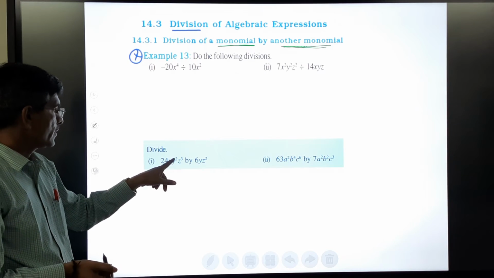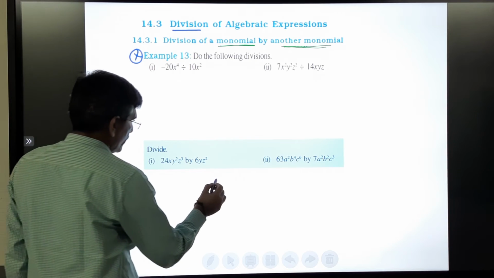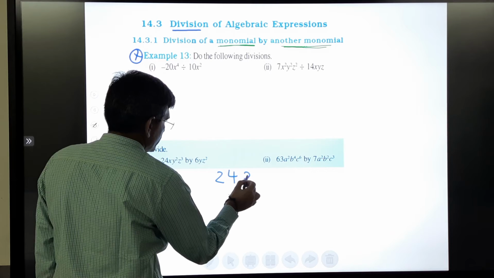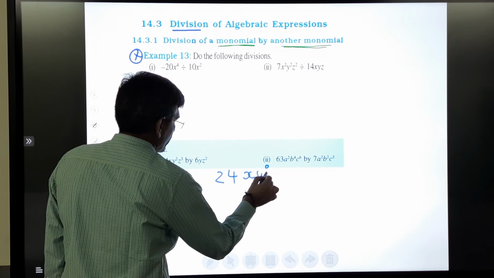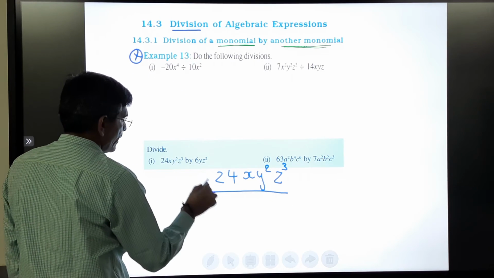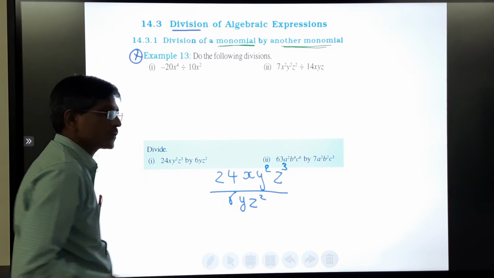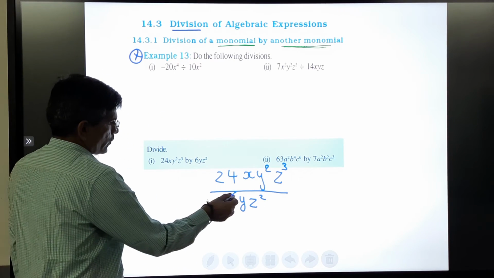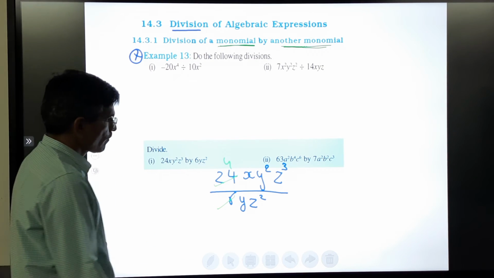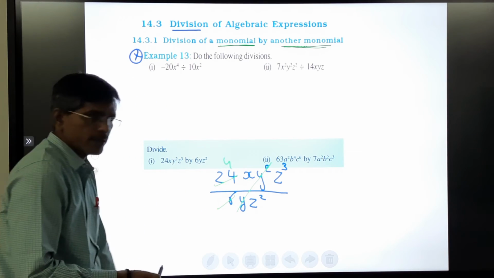24 x y square z cube divided by 6 y z square. So what I have to write again? 24, then x y square and z the power 3, again divided by 6 y z square. Now, 6 fours are 24. Y the power 2, y the power 1, so one power should be reduced.